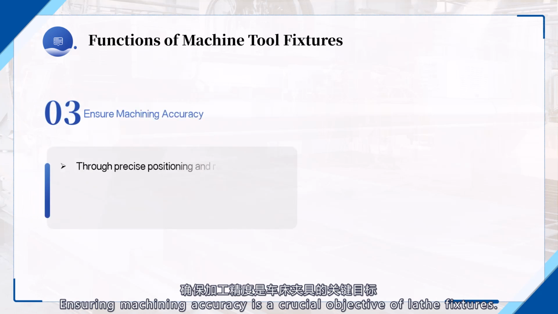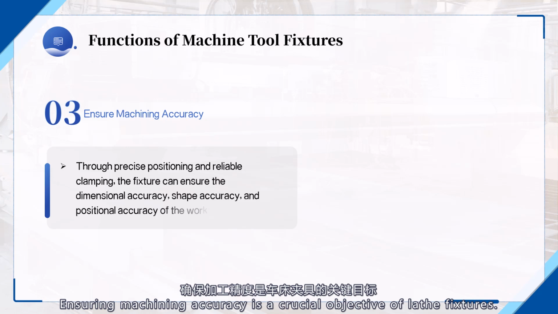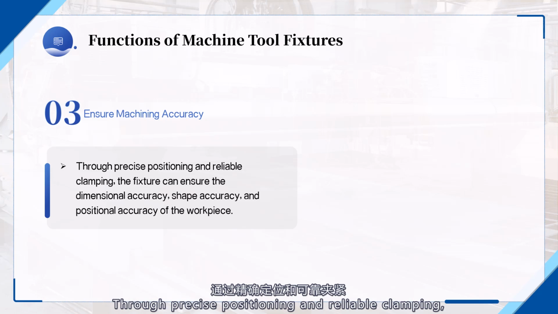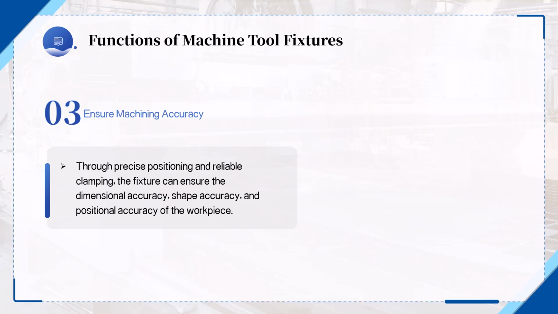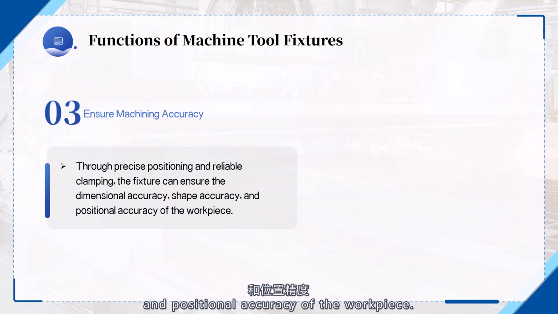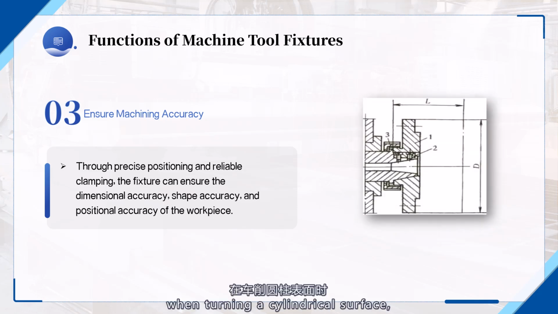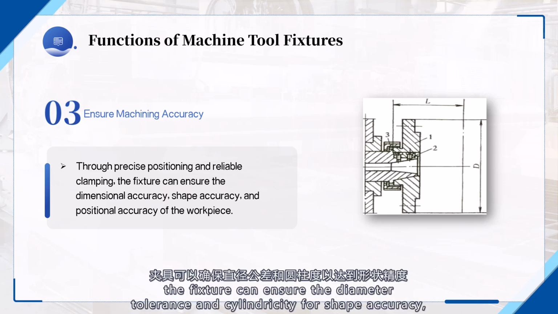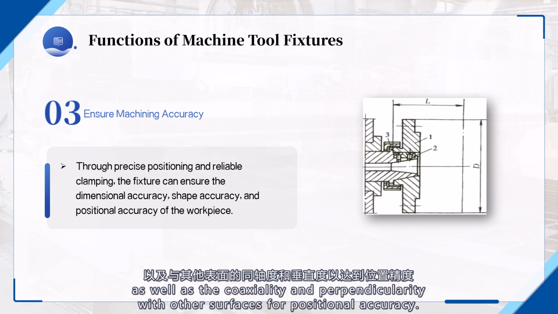Ensuring machining accuracy is a crucial objective of lathe fixtures. Through precise positioning and reliable clamping, fixtures can guarantee the dimensional accuracy, shape accuracy, and the positional accuracy of the workpiece. For example, when turning a cylindrical surface, the fixture can ensure the diameter tolerance and cylindricity for shape accuracy, as well as the coaxiality and perpendicularity with other surfaces for positional accuracy.